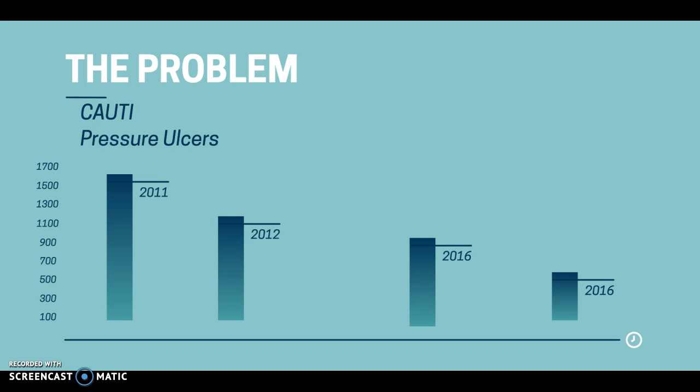So these are just some numbers, a simplistic representation. Obviously, these are not true numbers because we're not looking specifically at numbers in a specific institution, but the trend since implementation has been a reduction in CAUTIs, and that has been twofold.